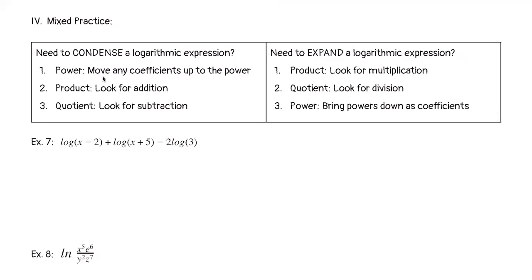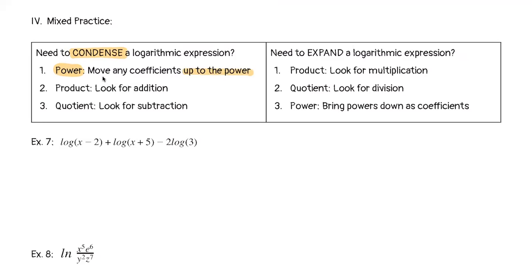So if we need to condense a log, okay, so we've got a whole bunch of them and we want to make them into a single log, then this is a good order that I found really helpful. If you want to condense a log, I like to look for the powers first. So if there are any coefficients, I move them up to a power.